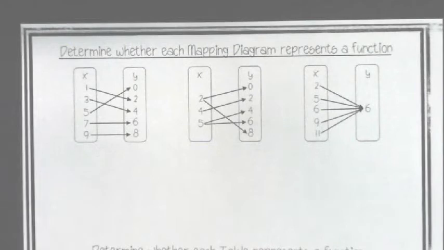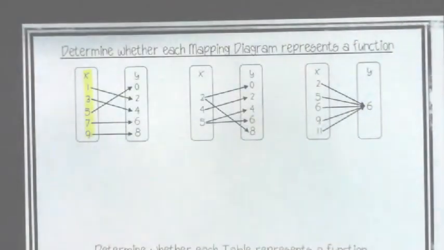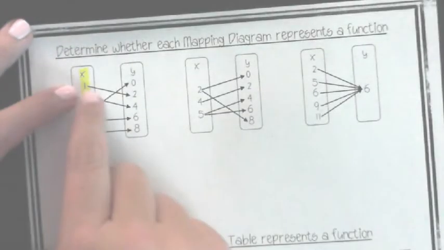Okay, so all we're really focused on with a mapping diagram is I just want to look at my x values. I don't care about the y values. So what this means is if there's one line coming from it, that means it's only being paired with one number.